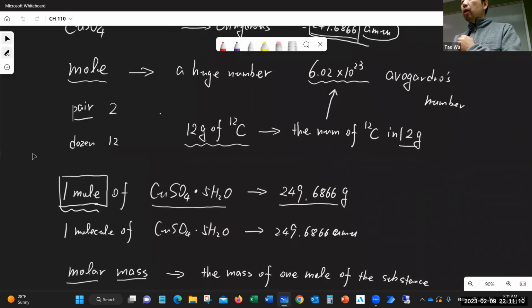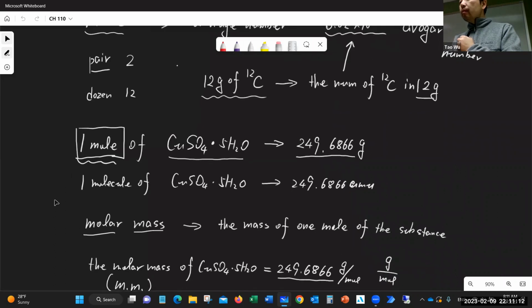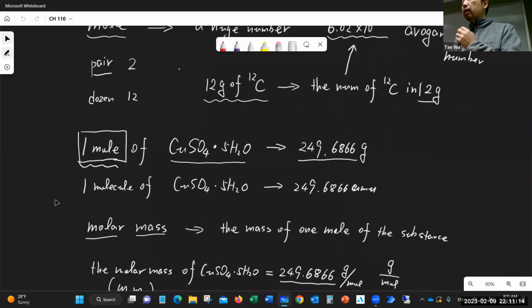We also introduced the concept of molar mass, which means the mass of 1 mole of a substance. So the mass of 1 mole of the substance is called the molar mass. Generally, molar mass is still mass, but it has a quantity, which is per 1 mole of those molecules, per 6.02 times 10 to the 23rd.